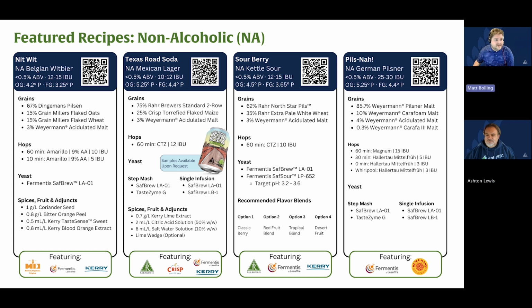I think it's pretty self-explanatory, but I'm hoping as people are following along, they're either clicking into the recipe on our website in the chat, or if you haven't noticed, those QR codes are right at the top on the screen if you're on your phone and want to follow along. So please feel free, and I also encourage you to drop some questions into the chat.